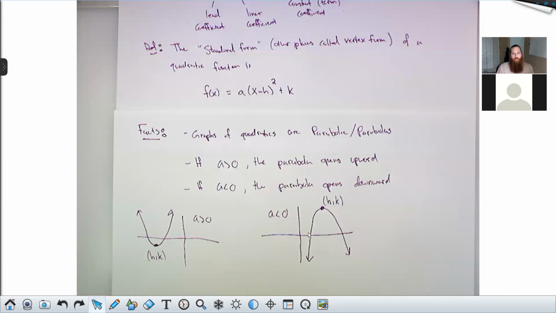The x-intercepts for any polynomial, and quadratics are a special polynomial of degree 2, we'll talk about that later. The x-intercepts of a quadratic can be found using the quadratic formula.